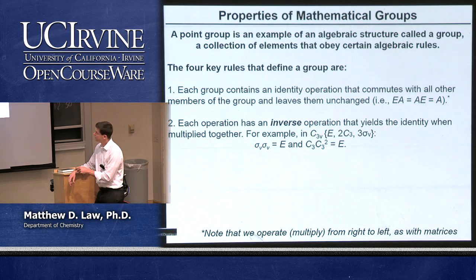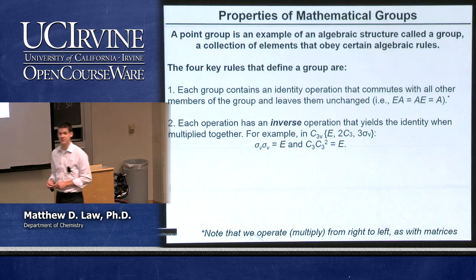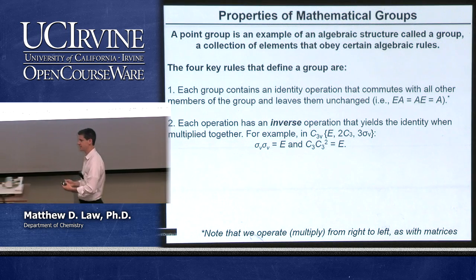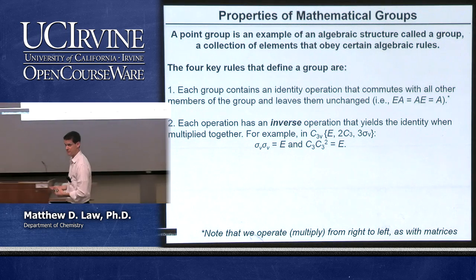In the C3v point group, we have these different symmetry operations, 6 operations altogether. Every one of those operations has to have an inverse that gives us identity. So what is the inverse of the vertical mirror plane? Well, it's simply itself. If you do a reflection and then you do a reflection back, that gives you identity, nothing changed.